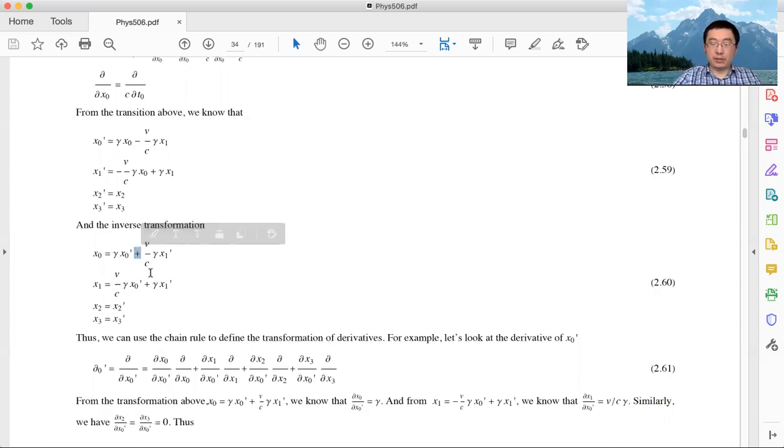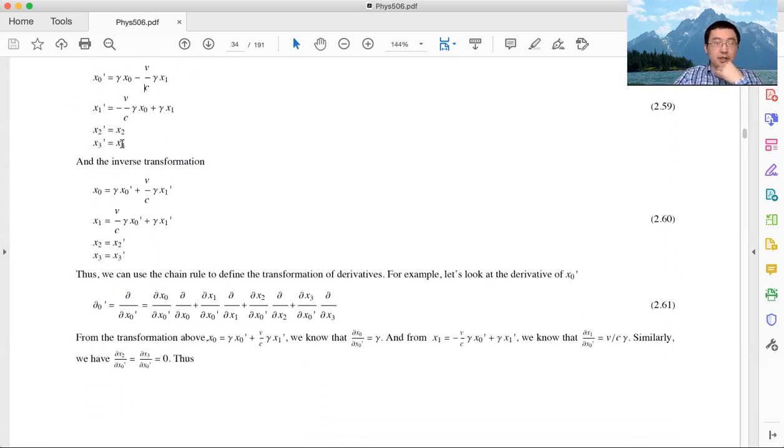This is reasonable because if we have two reference frames, K and K prime, the relative velocity between K and K prime flips sign, depending on whether we're going from K to K prime or K prime to K. That opposite velocity is this opposite sign here in the transformation and the inverse transformation of the Lorentz boost.